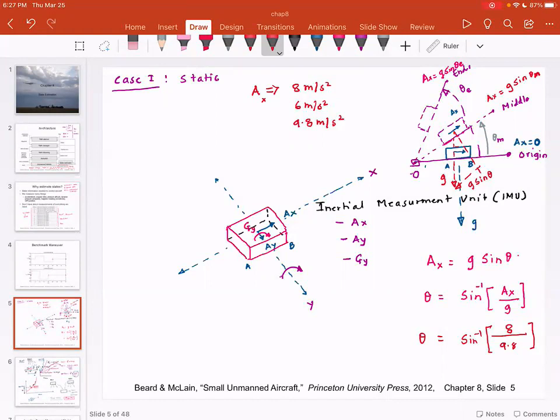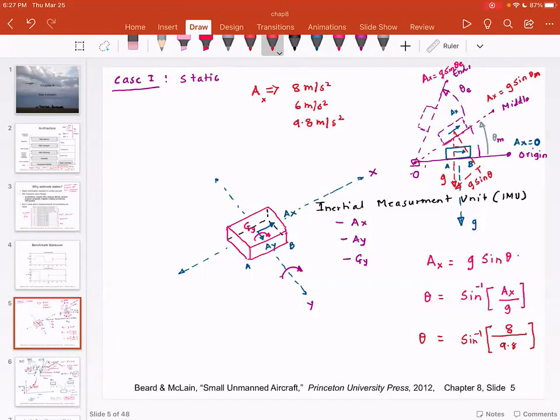Everybody understood this? This approach will give me good results as long as I stay at the origin for a finite time, at the middle position for a finite time, and at the end position for a finite time.